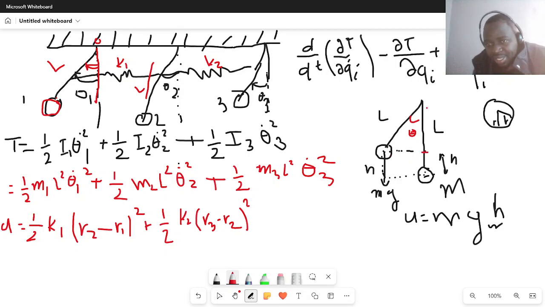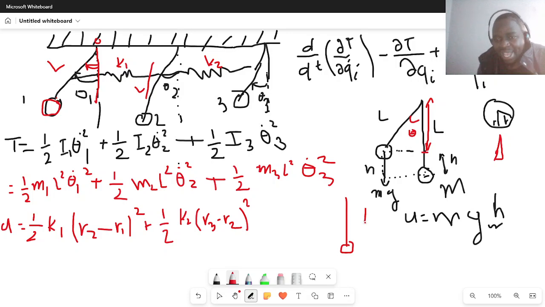If I want to get this distance here, I want to have a right angle triangle so that I can use my cos and sin. From here to here, it is my L. But if I have h coming here, I need to get this distance on top. This distance is simply the full length L minus the height. I don't know if you guys see it.